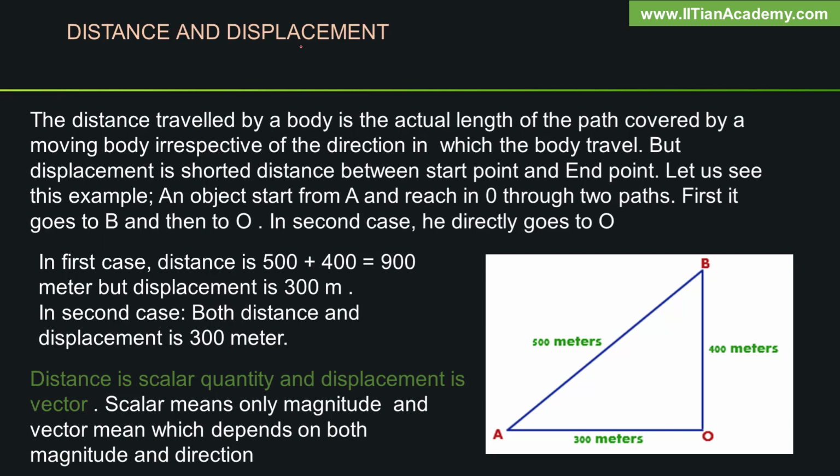Here we will learn about difference in distance and displacement. The distance traveled by a body is the actual length of the path covered by a moving body, irrespective of the direction in which the body travels.